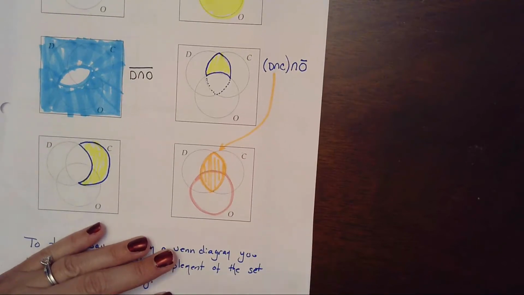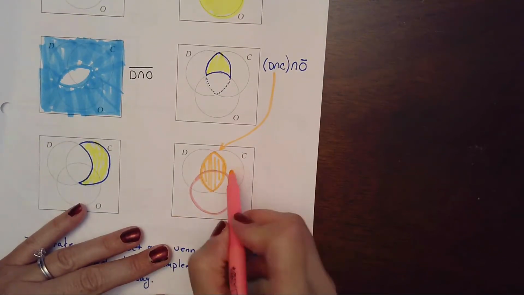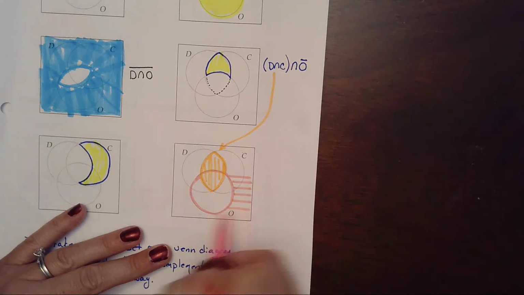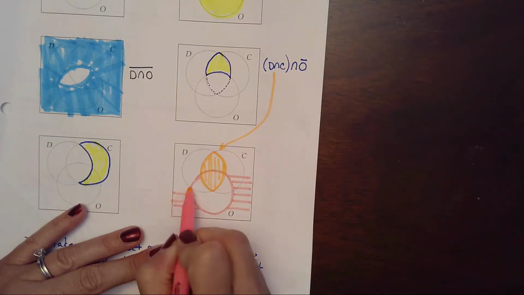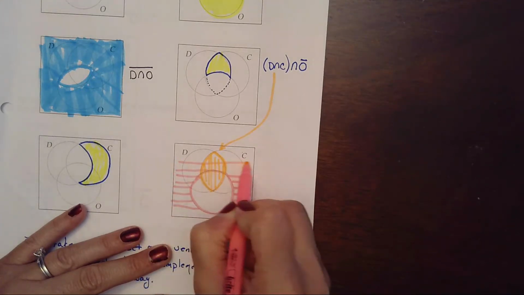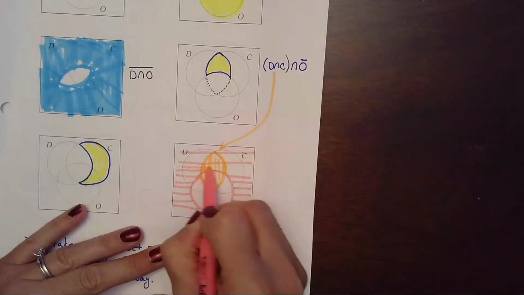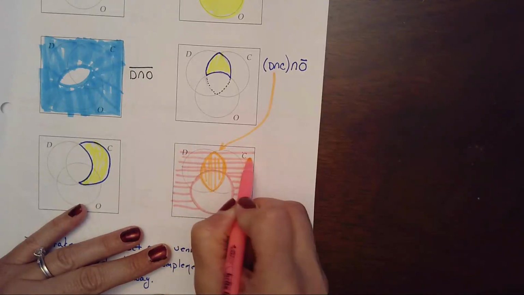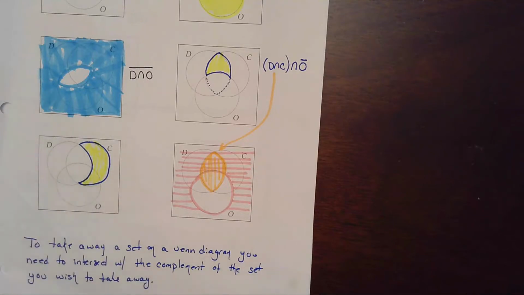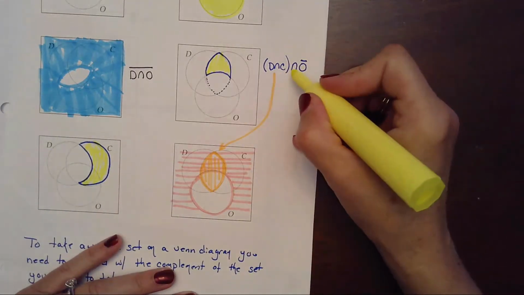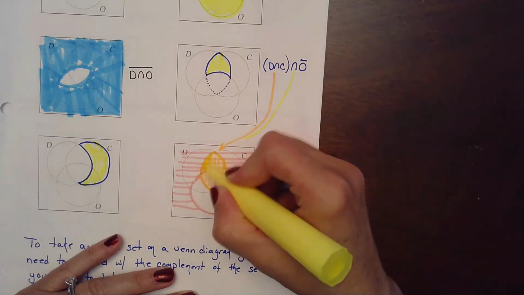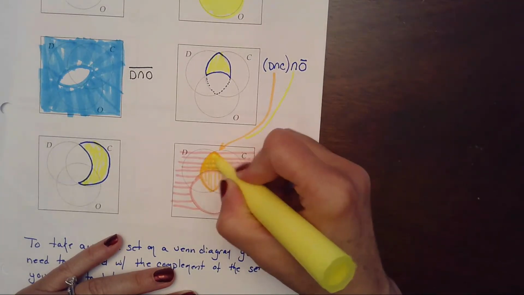All right. So now, everything that's outside of O, I'm going to go this way so you can see it. Remember, intersection means they have to belong to both sets. So do you see the only place where these guys mismatch is right here. This means they have to be in common to both. The only place where these are in common to both is the top of that football. Do you see it?